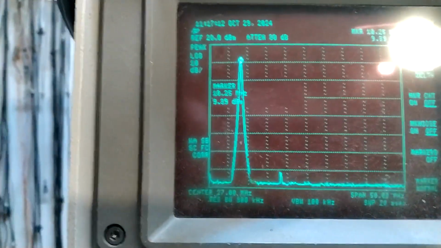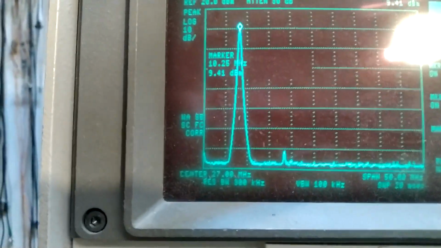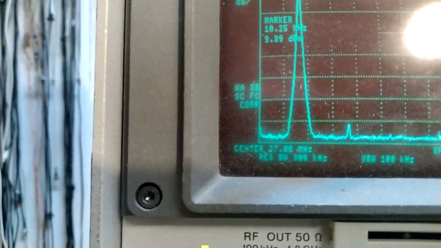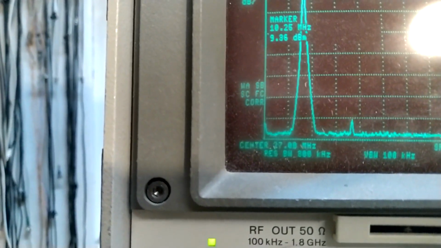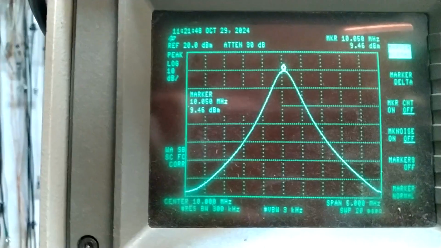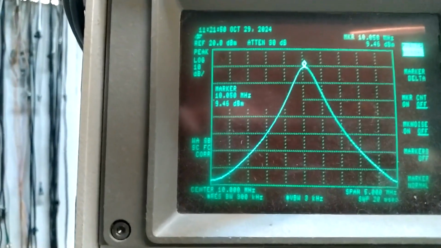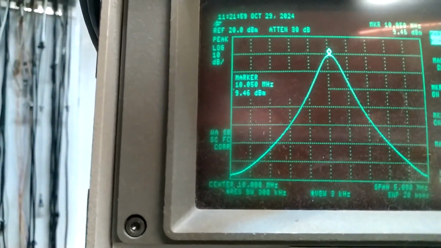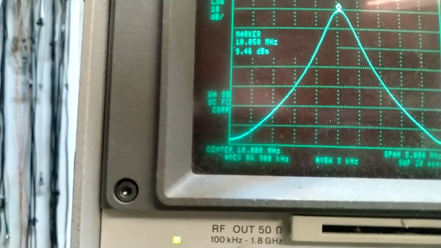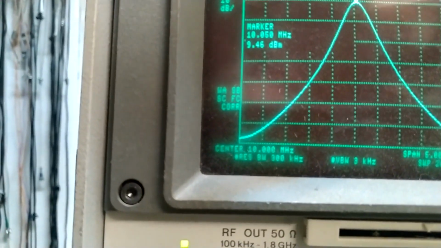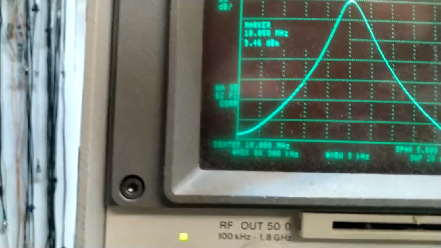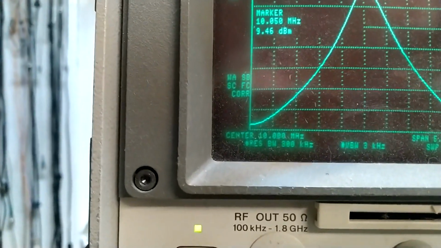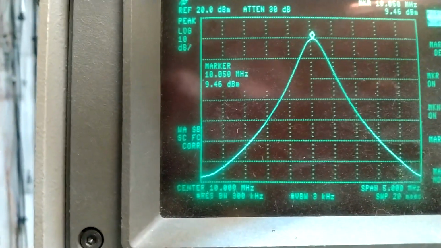And here I can look at the level, and it says 9.439 or 4. I have decreased the sweep bandwidth and the video bandwidth, so I get a stable reading now at 9.46 dBm. Just a little higher because the peak maximum is more accurate now.